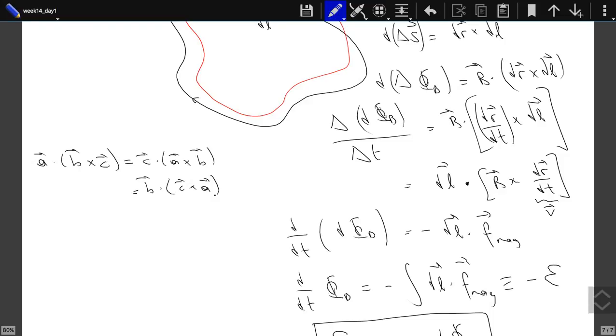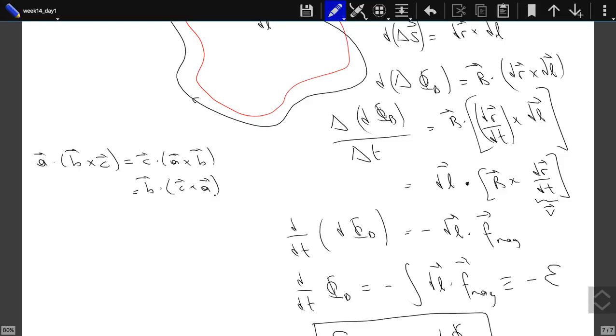If I sum the changes in the flux due to all the segments, I get the total rate of change of flux. So this is the flux in that very small area. I just sum it for all the segments, so that gives me the rate of change of the total flux enclosed by my loop.